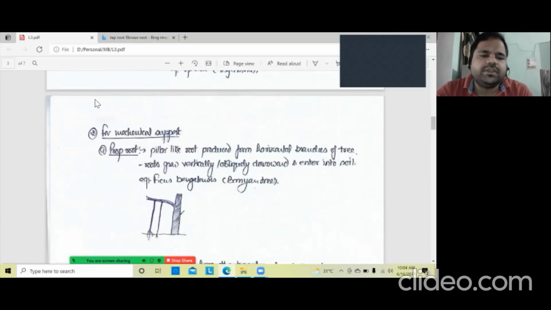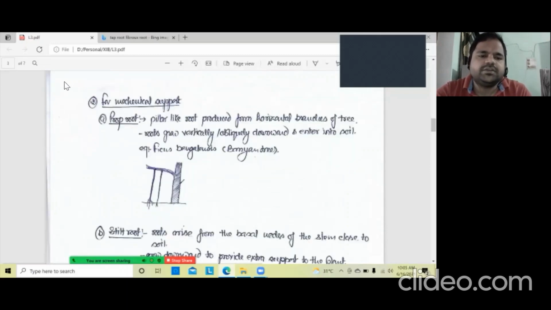Now we'll see the modification of adventitious root for mechanical support. Previously, we have seen the modification for the storage of food. The first kind of modification is the prop root. We have seen several structures coming from the stem in case of the banyan tree.